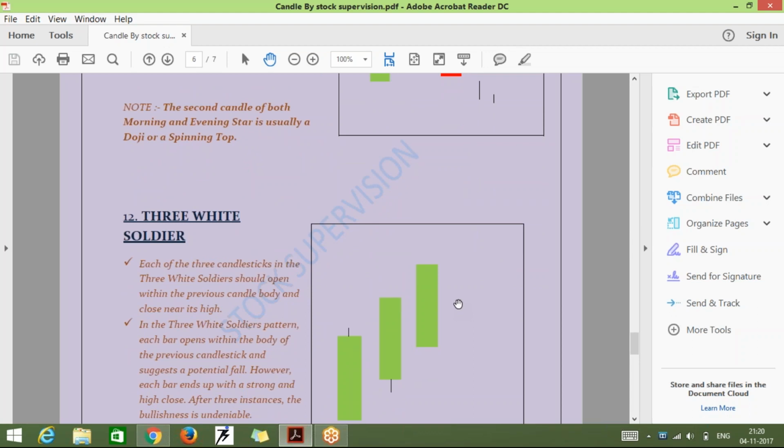But I have seen almost these candles; we do not actually trade based on a single candle pattern. We trade on chart patterns, but these are very good confirmation for trend reversals.